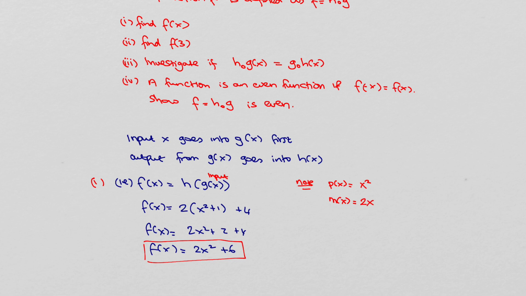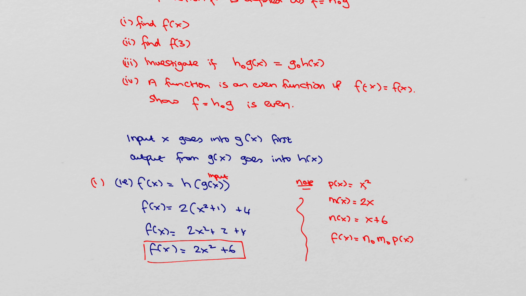Then I take my output and it becomes my input in the next function, which means I would add 6 to it. So I would square my input, multiply it by 2, and then add 6 to it. So f of x could also be decomposed by saying we do n after m after p of x. So sometimes there's multiple ways to get the same answer.